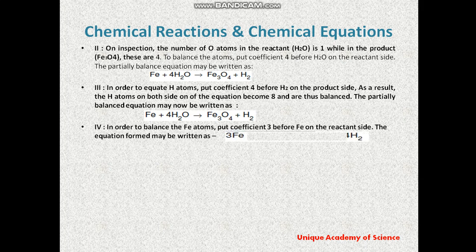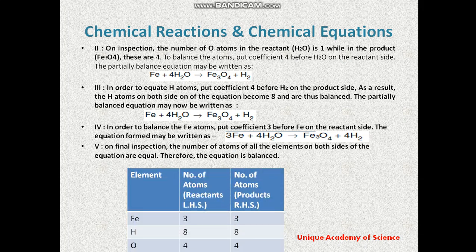So to balance this equation we put 3 in front of Fe. So 3Fe plus 4H2O gives Fe3O4 plus 4H2, so H becomes 8 in total. So this is the balanced chemical equation, and we can check finally.